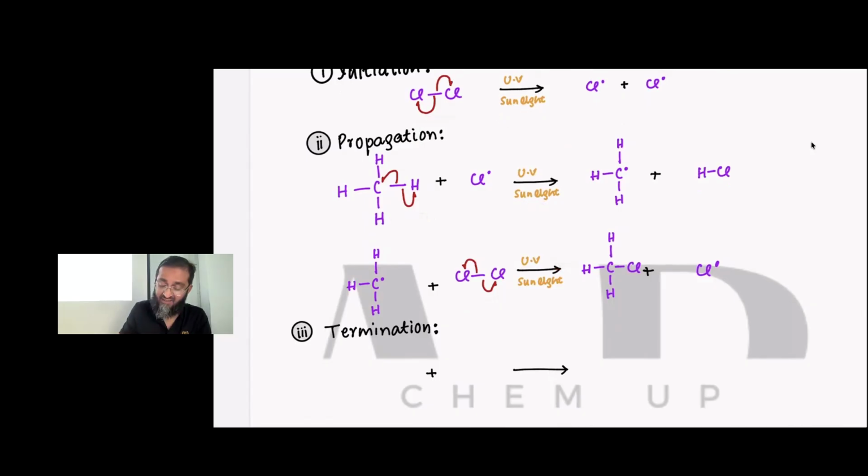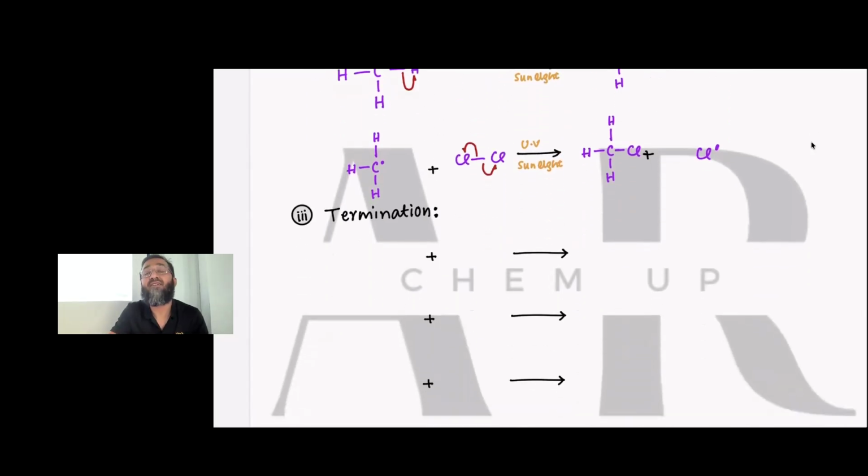But in termination, the radicals are going to be terminated. The two radicals are going to form a bond and turn into a molecule. When bonds are formed, no energy is needed, right? So how many kinds of radicals are there? Two. So we are going to make all their possible combinations.